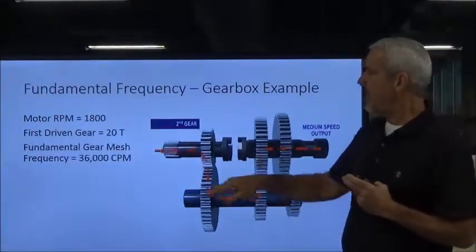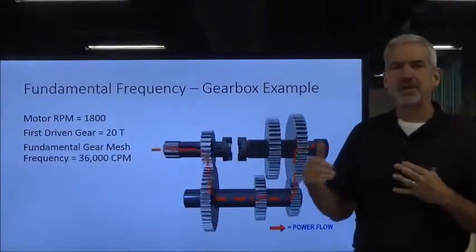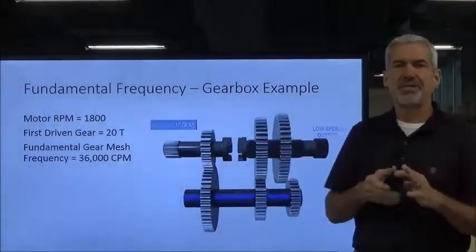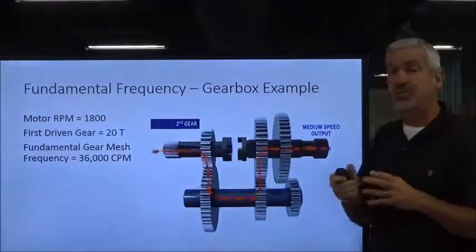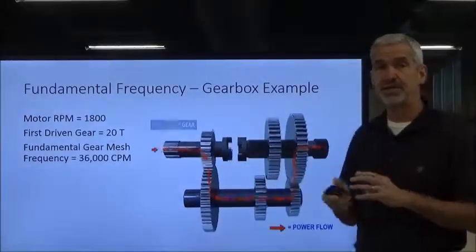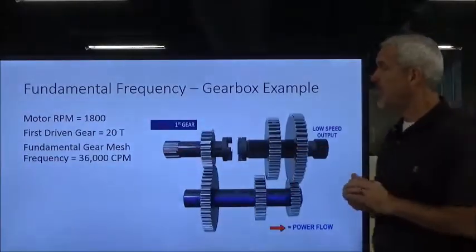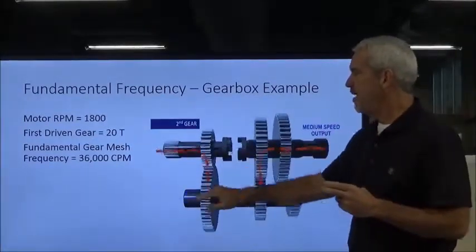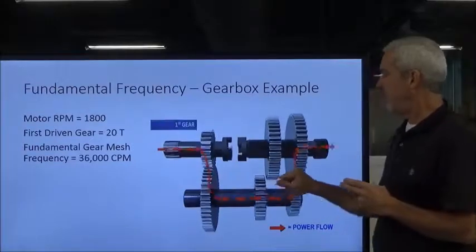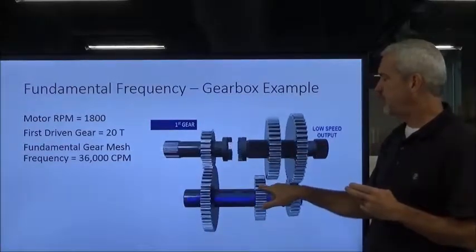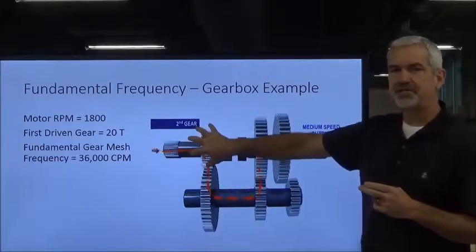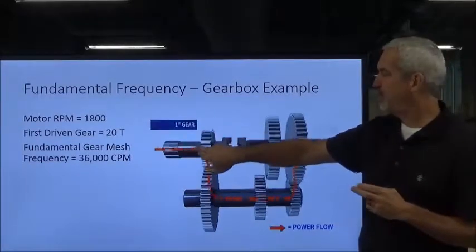Now, all the other frequencies, I'm not going to dive deep into these calculations, because I'm not trying to make you level 1 certified for this, and you would really get into these calculations going for level 1 certification. This is an introductory part, but I'm trying to show you that all other frequencies of vibration, if this tooth is chipped, or this one, are derived from the fundamental frequency we calculated on that first gear.